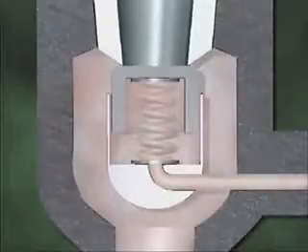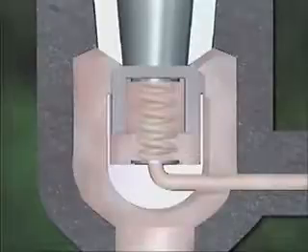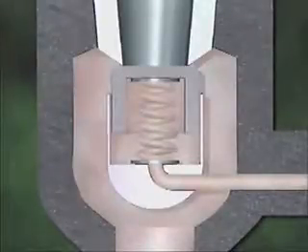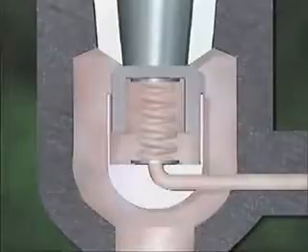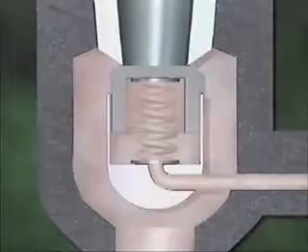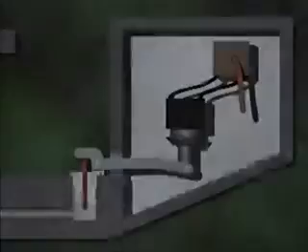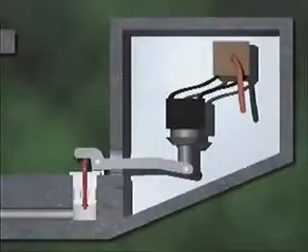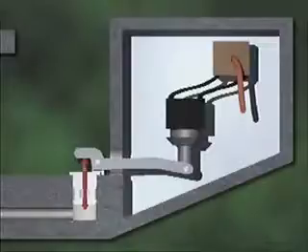If system pressure increases, it increases on both sides of the disc, but the valve won't open because the pressure on the top of the disc counterbalances the pressure on the bottom, and spring tension holds the valve closed. The pilot device initiates the valve's opening. The device is set to open at a predetermined pressure.